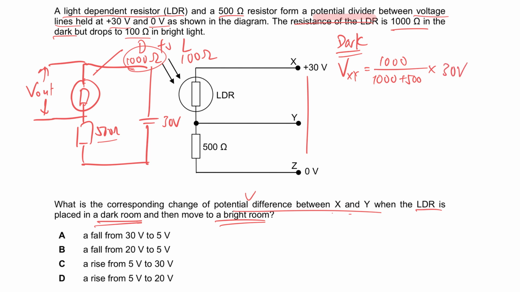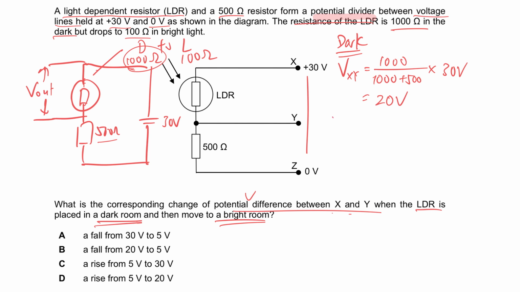So what you're finding is what fraction of the 30 volt is taken up by the LDR, or the V out, because they are the same. If you work it out, that will be 20 volt.